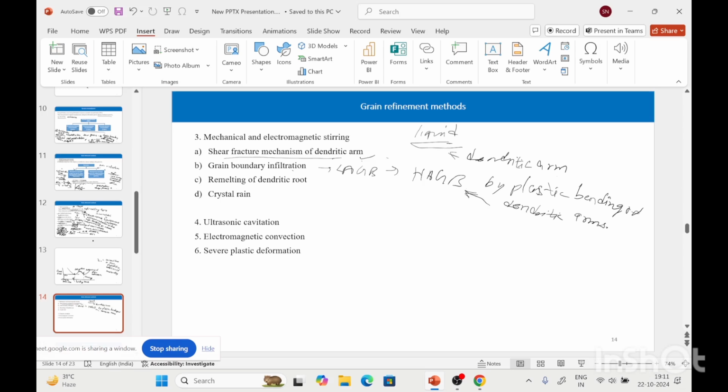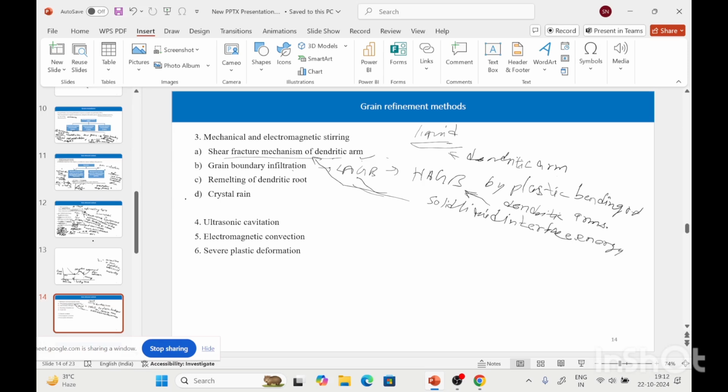That increases the solid liquid interface energy, and the dendrite arms break and detach, and the same mechanism as in the first happens: the broken dendritic arms lead to higher heterogeneous nucleation.